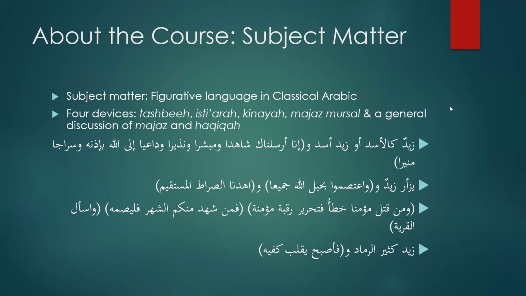And similarly with وَاعْتَصِمُوا بِحَبْلِ اللَّهِ جَمِيعًا and اهْدِنَا الصِّرَاطَ الْمُسْتَقِيمَ. And as for the other type of majaz, it's not based on a comparison, but rather some other relationship, anything other than comparison, because that's the only relationship that humans can come up with, right? Or so the theory goes.